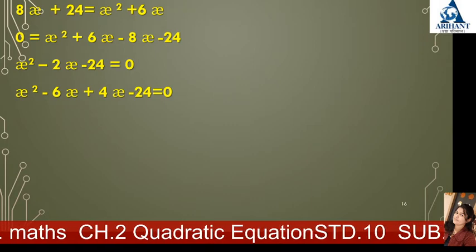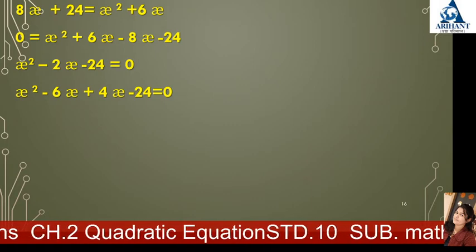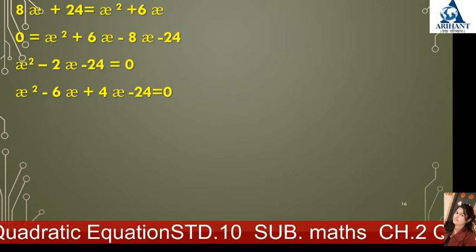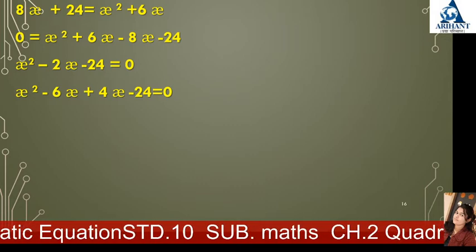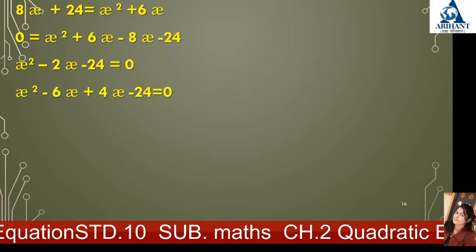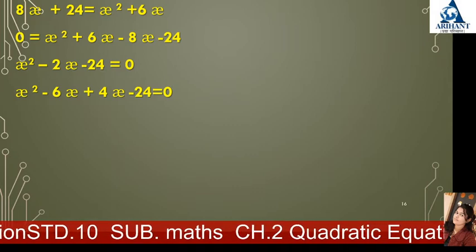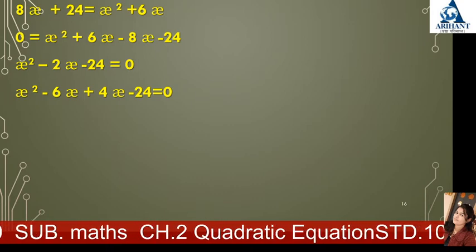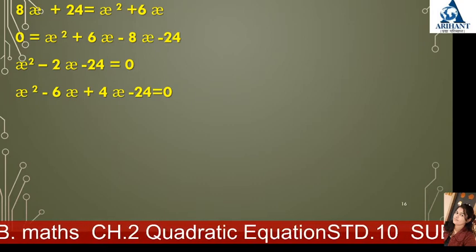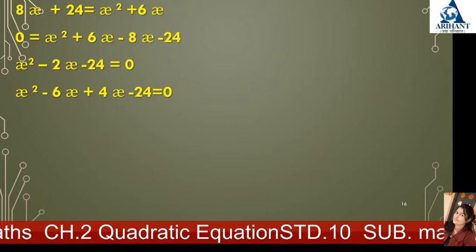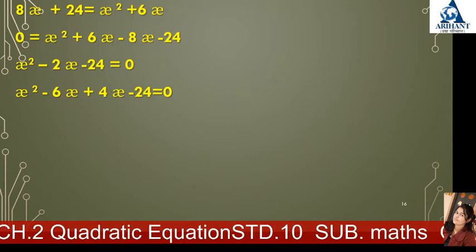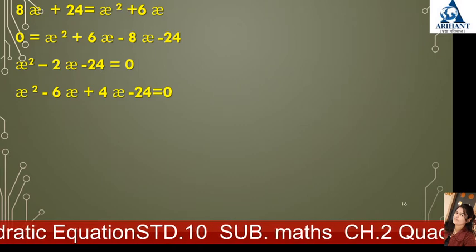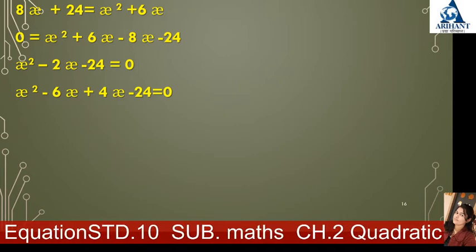But we cannot solve such equations directly, so we need to construct something there. What we construct is we write minus 2x as minus 6x plus 4x. The value will remain the same, but we just need the common factor. That's why we wrote it in the form of minus 6x plus 4x.